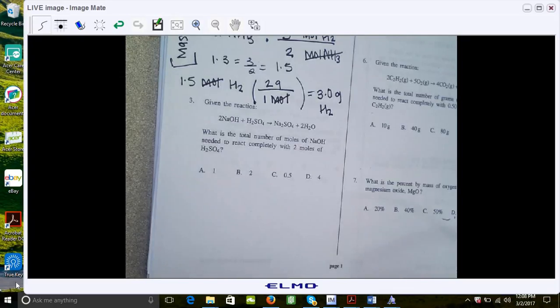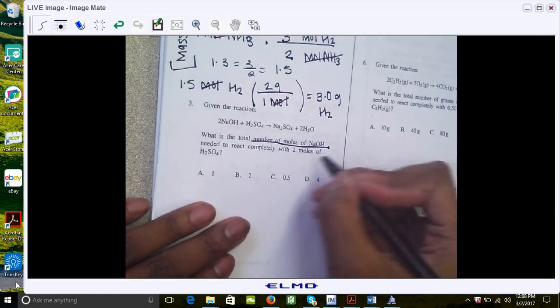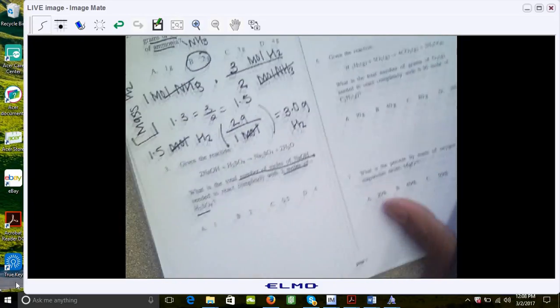So given the reaction, 2 sodium hydroxide plus sulfuric acid is going to give sodium sulfate and 2 H2O. So they're asking for the total number of moles of NaOH if I'm giving 2 moles of sulfuric acid.